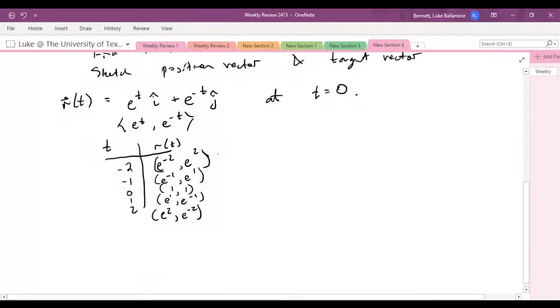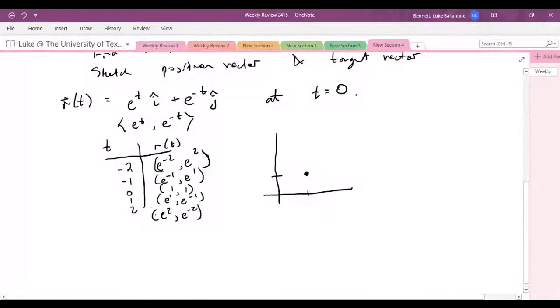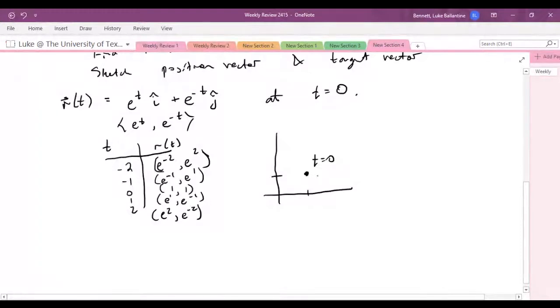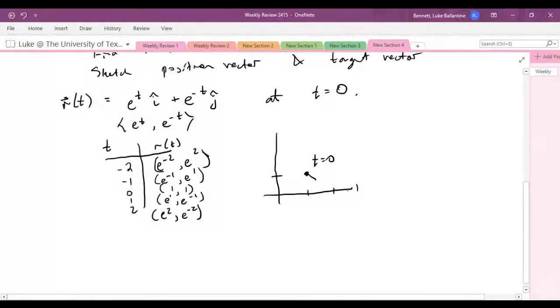All right. So in plotting these points, we have 1, 1. That's the easy one. Now we have e to the first and 1 over e. This is t equals 0, so at time t equals 1 we're traveling this direction, and we get 1, 1, 2, 2.7. Right, e is about right here, 2.71.